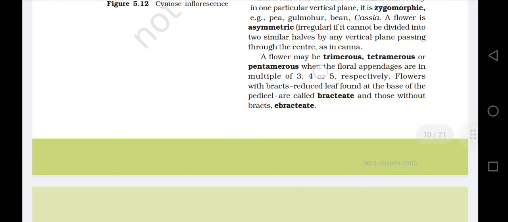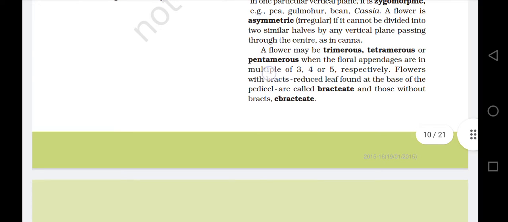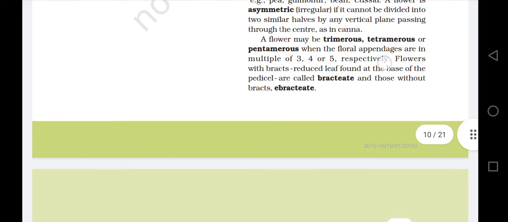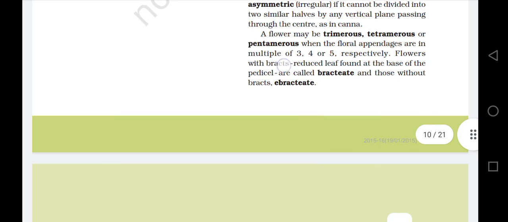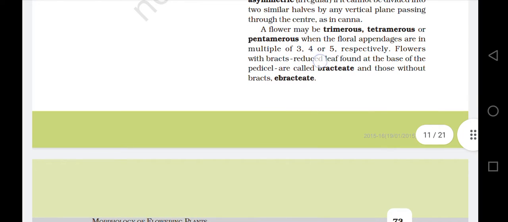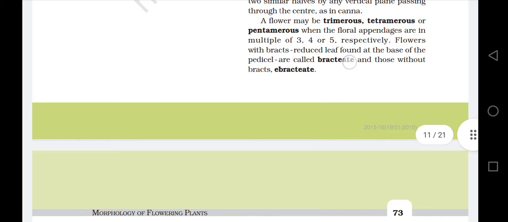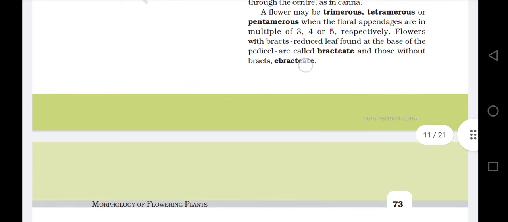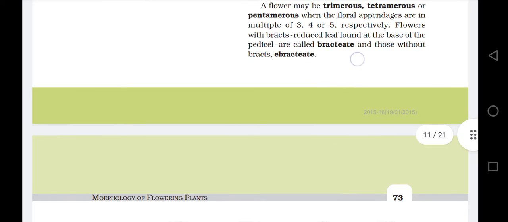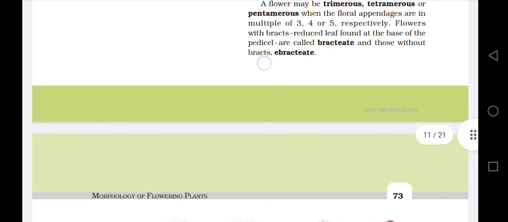A flower may be trimerous, tetramerous, or pentamerous when the floral appendages are in multiples of 3, 4, 5, respectively. Flowers which have bracts, reduced leaves found at the base of the pedicel, are called bracteate, and those without bracts are called ebracteate.